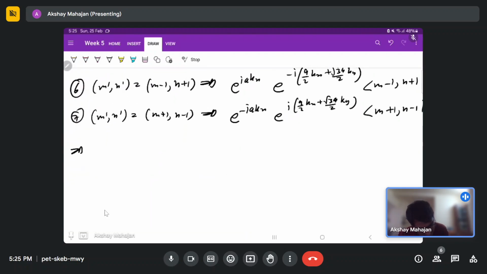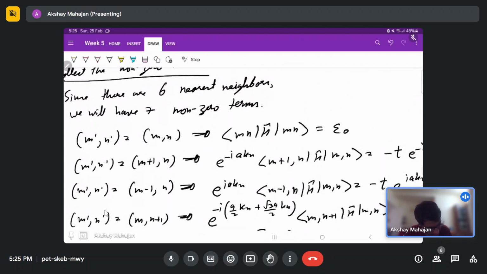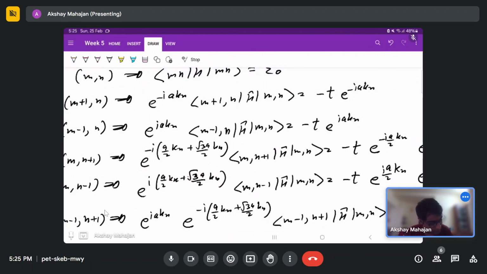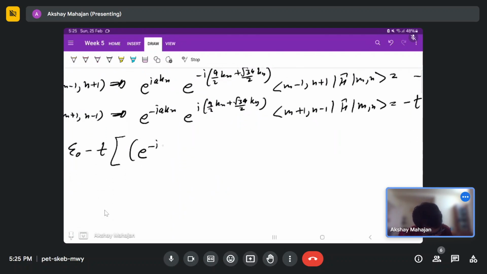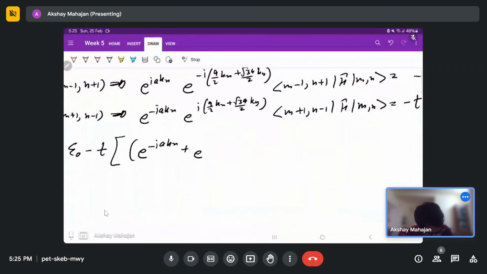So our dispersion relation epsilon kx comma ky will be given by epsilon naught minus t times. If you sum them, I will take e to the power minus iota ekx and plus iota ekx. Alright, so these two terms I will take together, e to the power iota ekx.